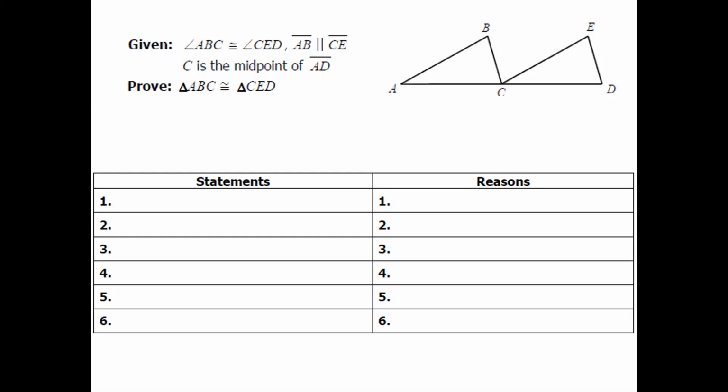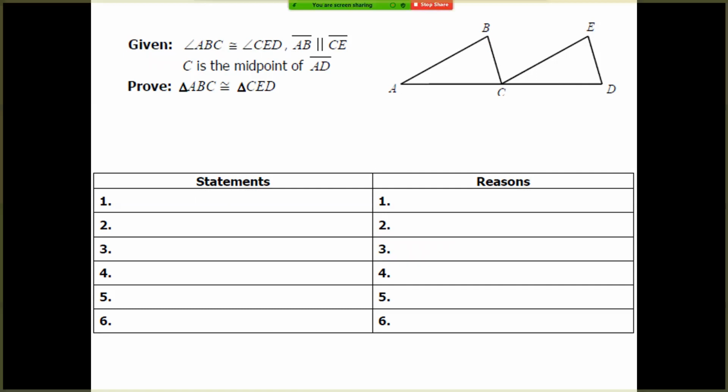All right, next one. We're given that angle ABC is congruent to angle CED. So that's going to go on our first line. And we're told that AB is parallel to CE.